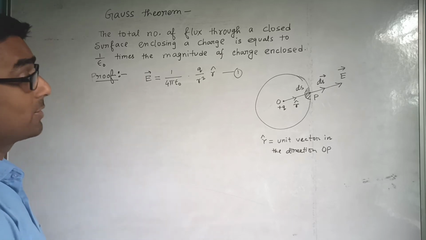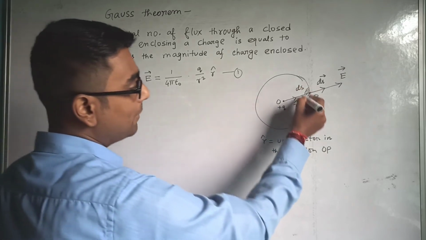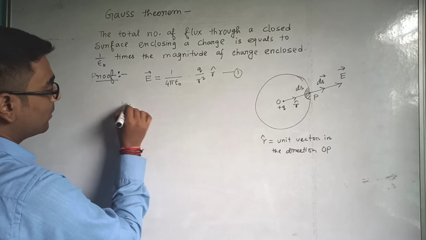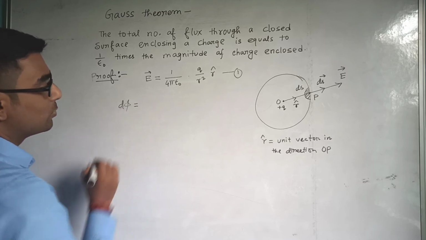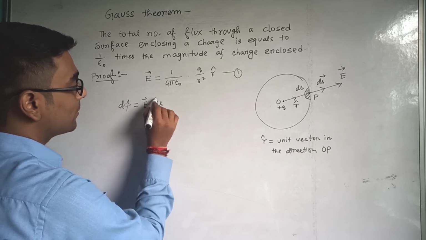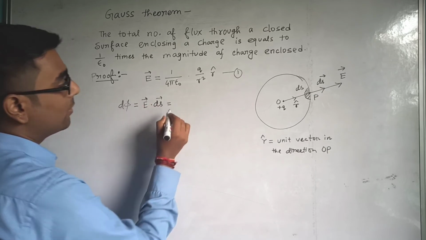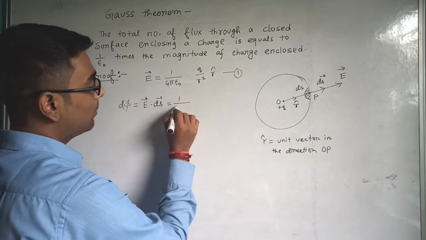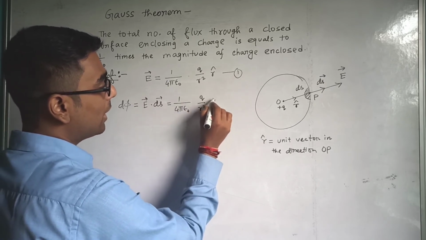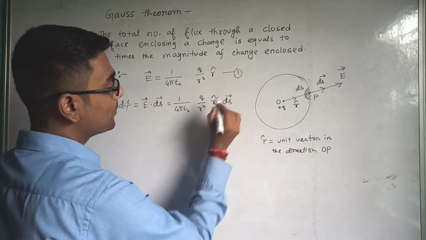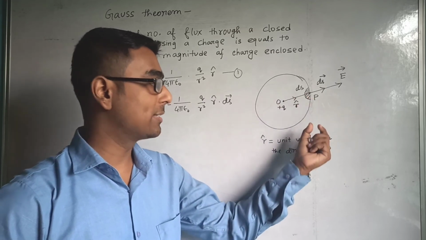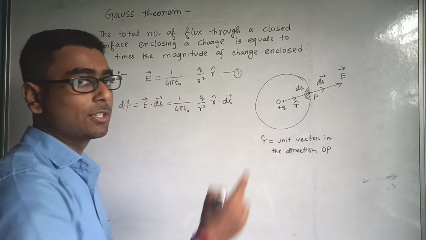The electric flux through that elementary surface, d phi, is equal to E dot ds. We can replace it by 1 by 4 pi epsilon naught Q by r square r cap dot ds. You can see the r cap and ds vector are in the same direction.